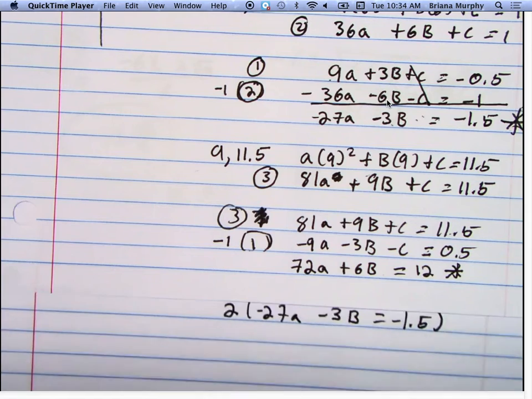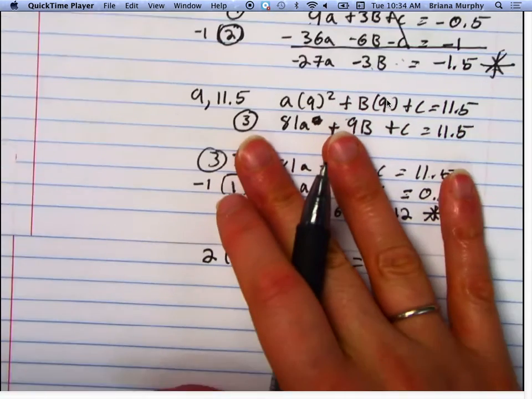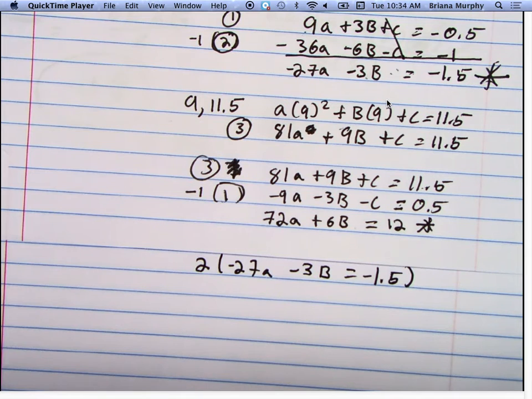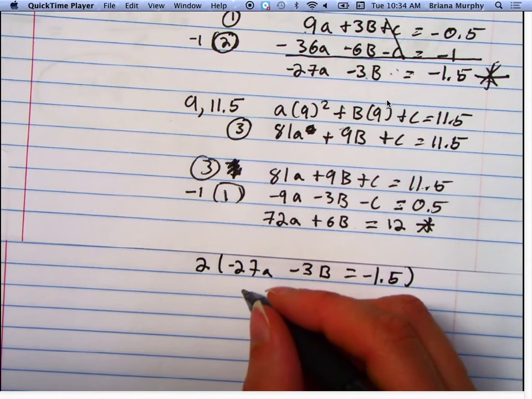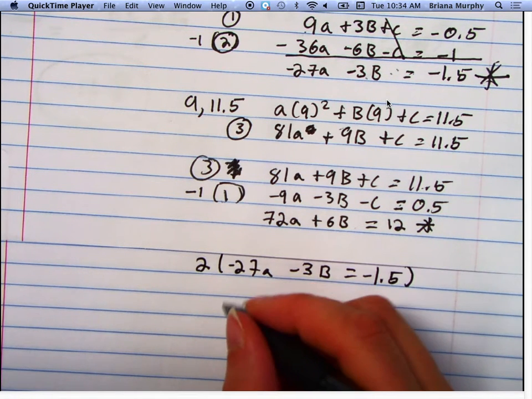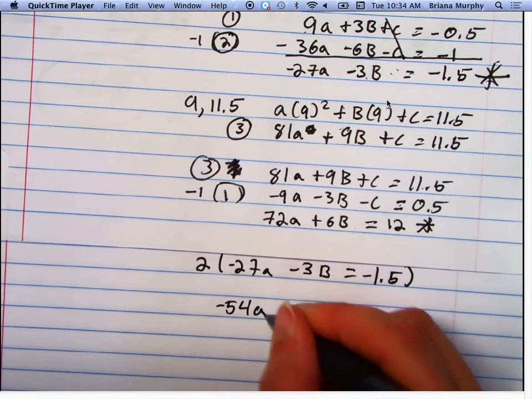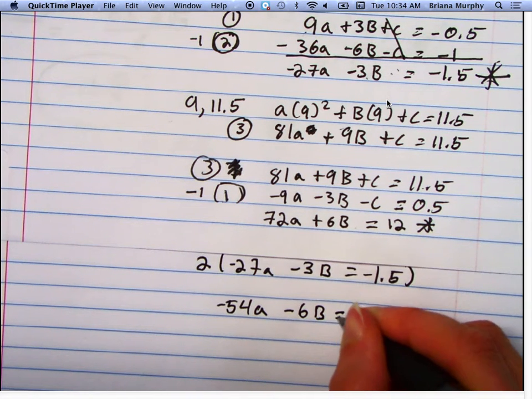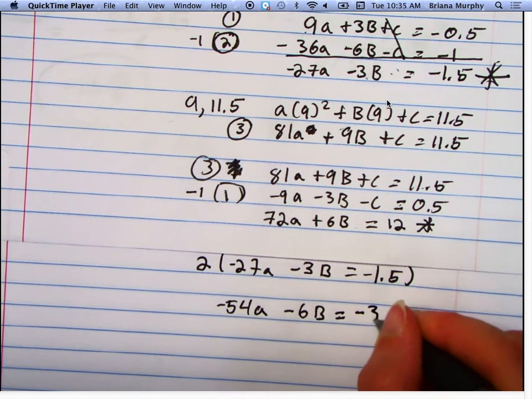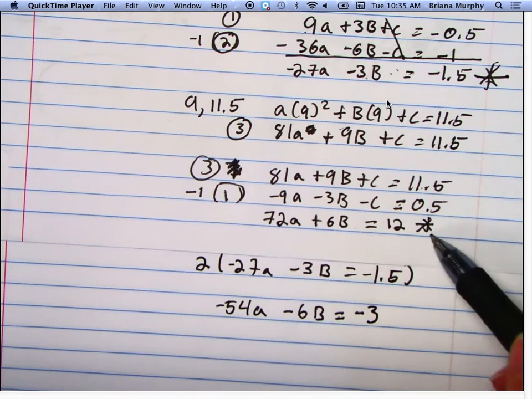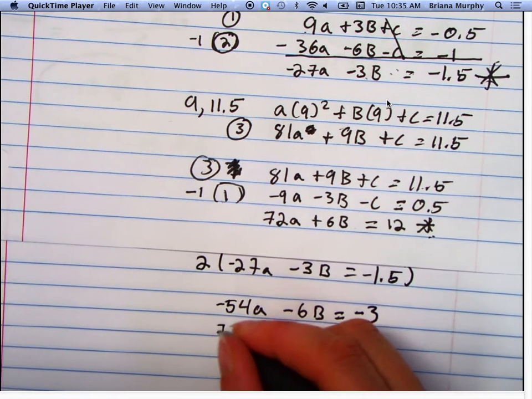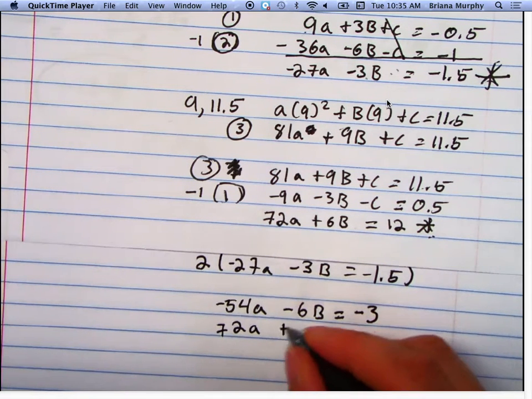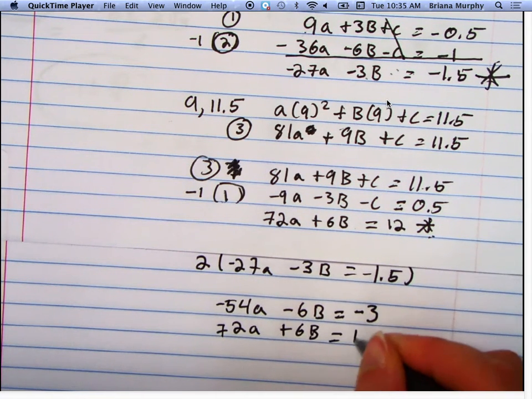Okay, so I'm going to go 2 times negative 27, which gives me negative 54A, minus 6B equals negative 3. Then I'm going to add it to this new problem that I have right here. 72A plus 6B equals 12.